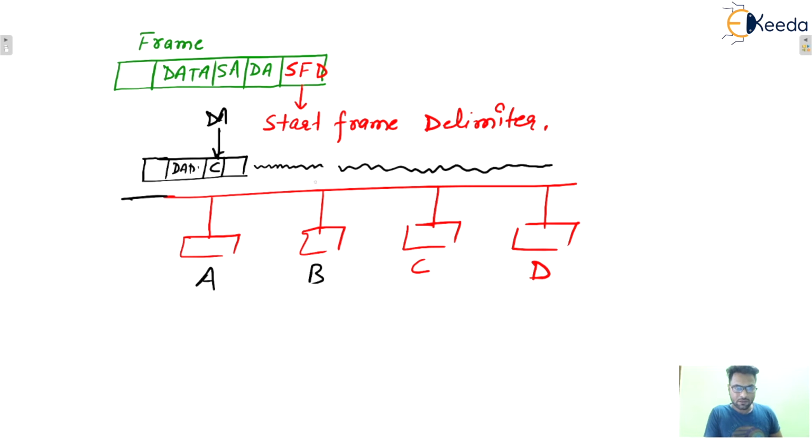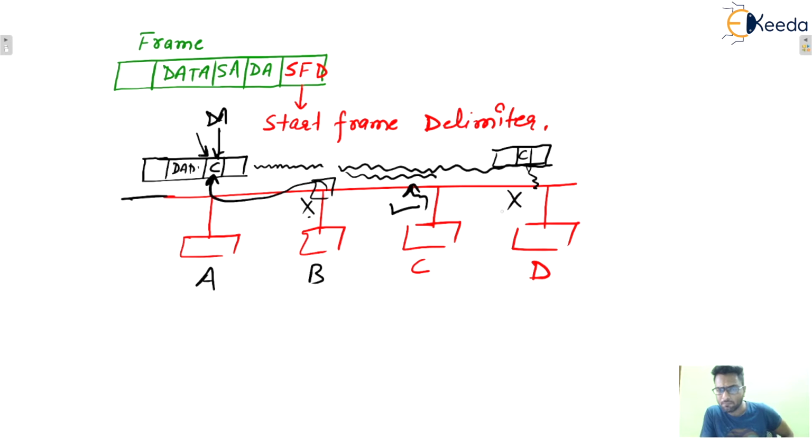So whenever it reaches B, B will see that the destination address is C, so B will discard it. Then it will go to C, C will see that the destination address is C, so C will accept it. When this frame comes to D, D will see that the destination address is C, so D will discard it.